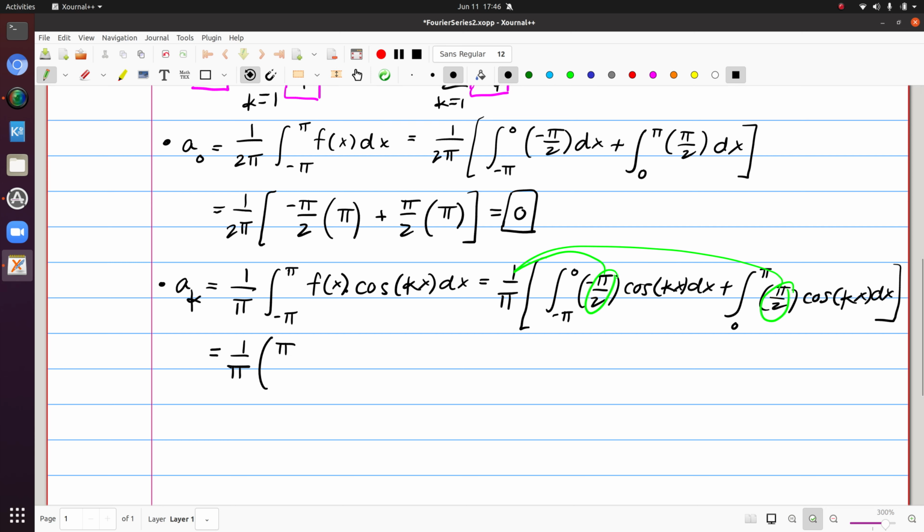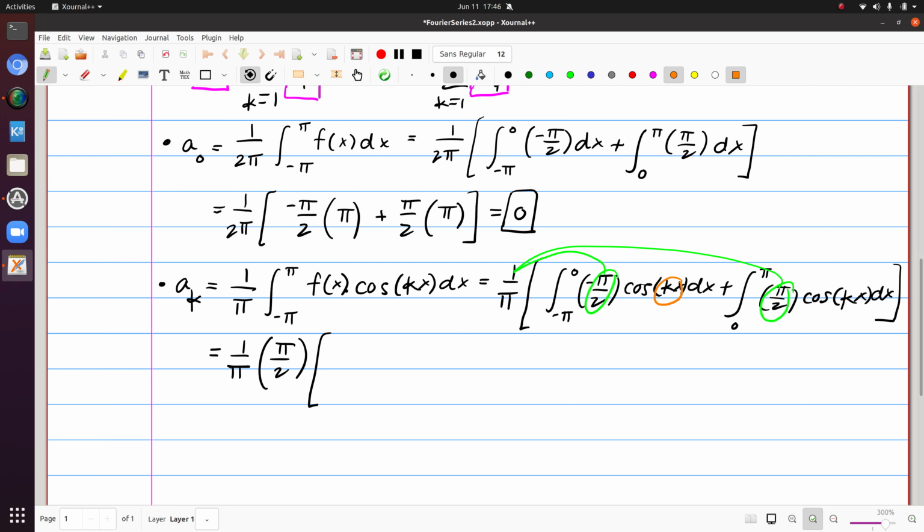So I have a pi over 2. And now I'm just focusing on, in the first integral, I still have the negative, so I'm going to anti-differentiate negative cosine of kx. So the antiderivative of negative cosine is going to be negative sine, but we have to be a little bit careful with the kx.